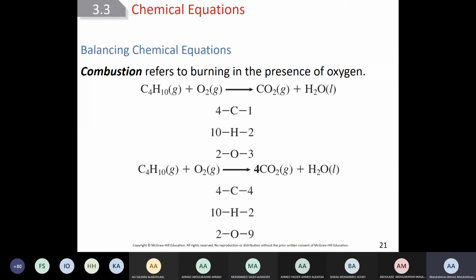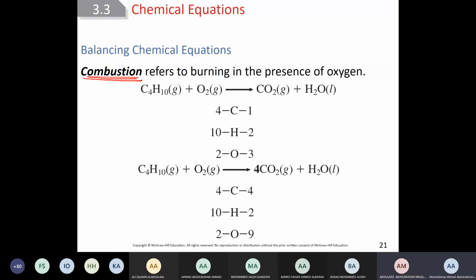Okay, let's try with this one. Let's see how good you are now at balancing equations. Let's try C4H10 plus O2 to go to CO2 plus H2O. Is this balanced now? No. By the way, when we say combustion, what's the meaning of combustion?